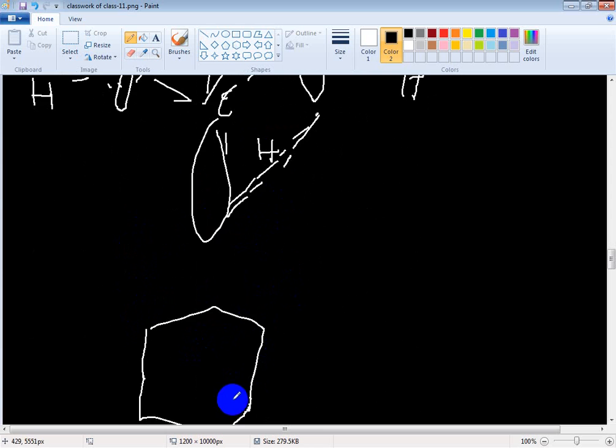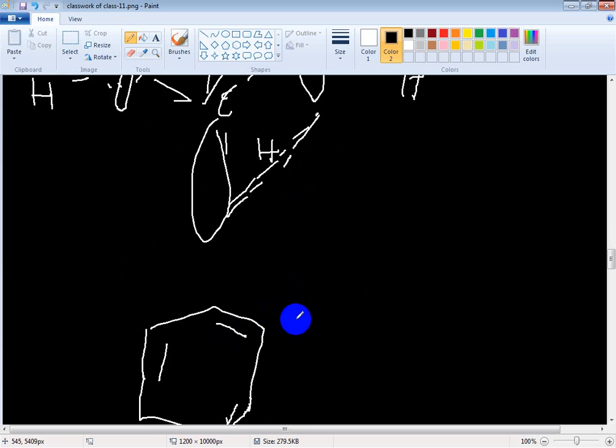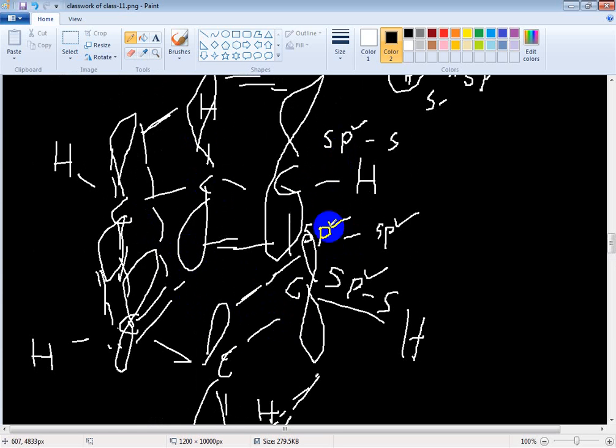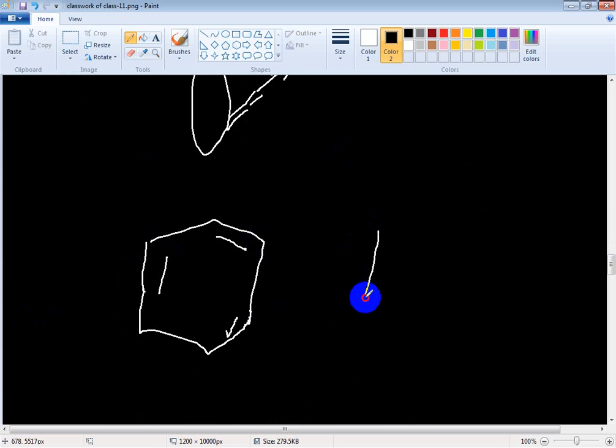So here I give pi bond, here pi bond, and here pi bond. This is the Kekulé structure, but pi bonds can also form this other way, here also, here also.